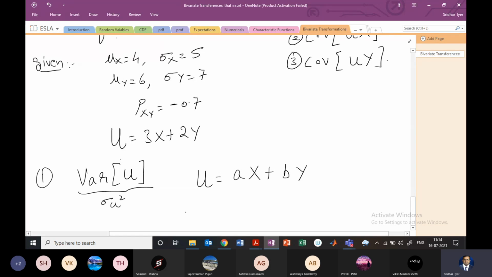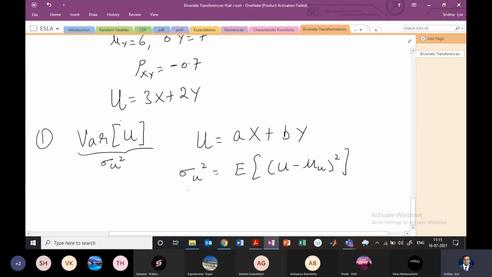If I have to find that, then sigma u square is E of u minus mu u the whole square. Now at this point we must be wondering that I need the value of average, but you will see that that is not required as we move ahead.